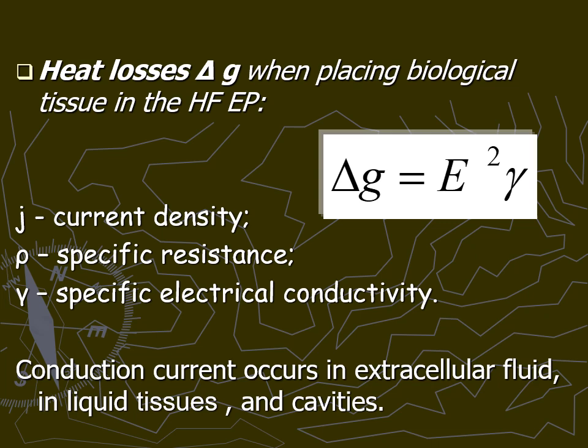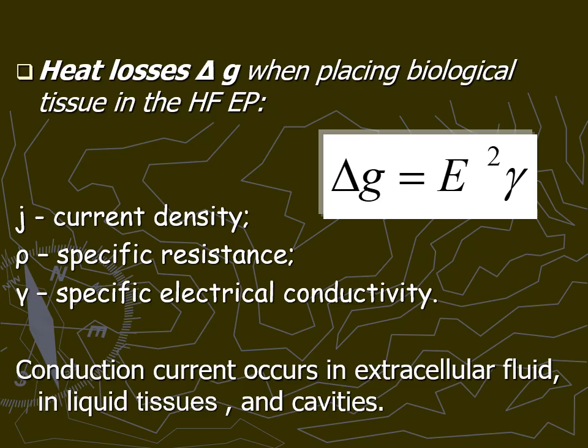If we place a biological tissue in an electric field and we do not have a contact overlay of electrodes, then in this case, the heat loss will be determined as the electric field strength squared multiplied by the specific electrical conductivity.